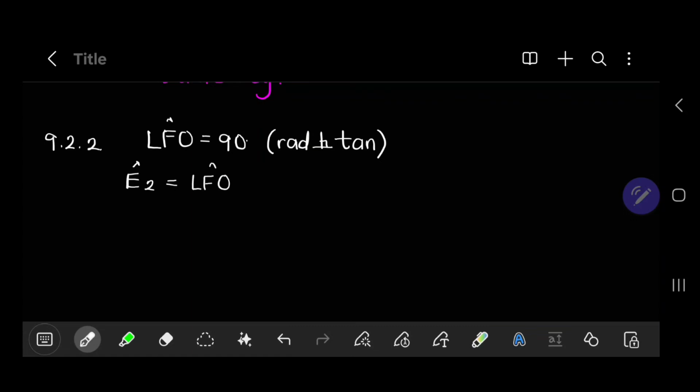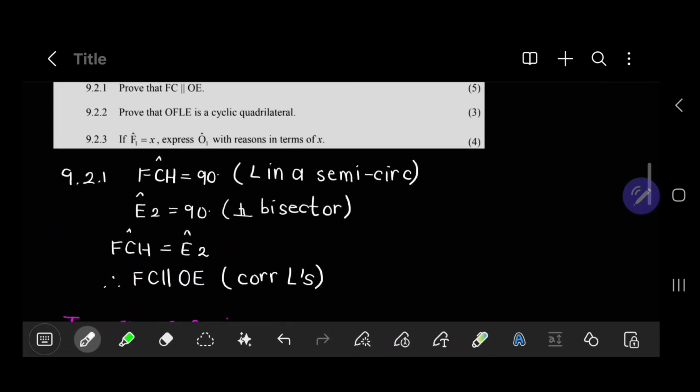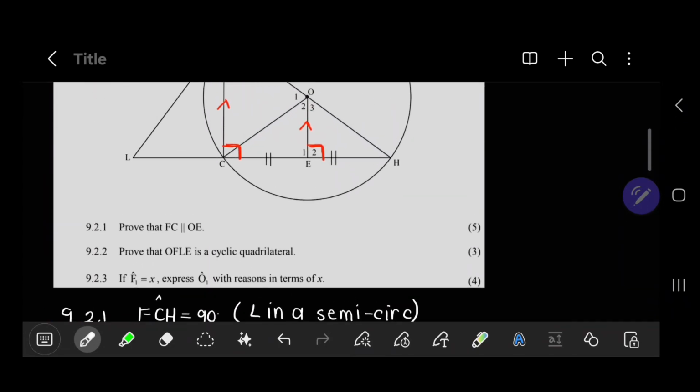Now, seeing that we have those two angles equal, we can conclude and say, therefore, OFLE is a cyclic quad. And what have we used to prove this? We've proved the exterior angle of a cyclic quad is equal to the interior opposite. So when you write down your reason, write your reason according to the theorem that you used. Okay, so we have proven that this quadrilateral is cyclic.